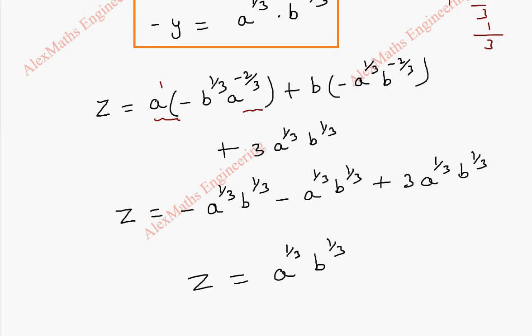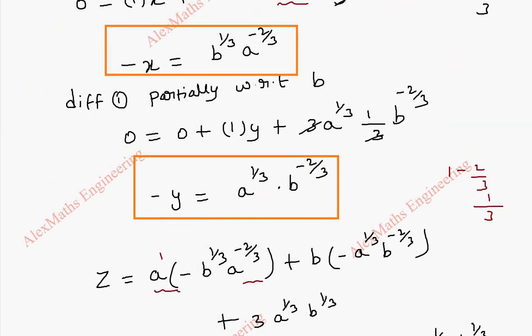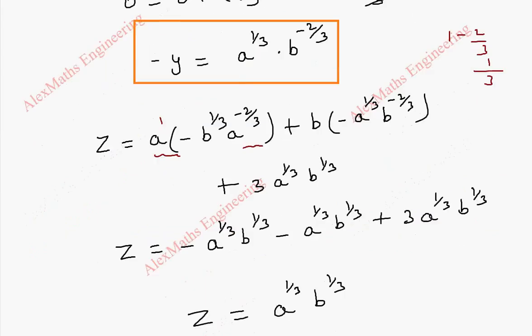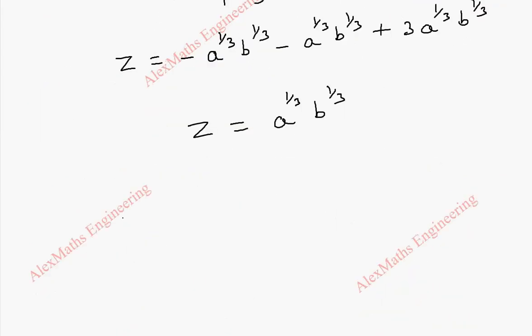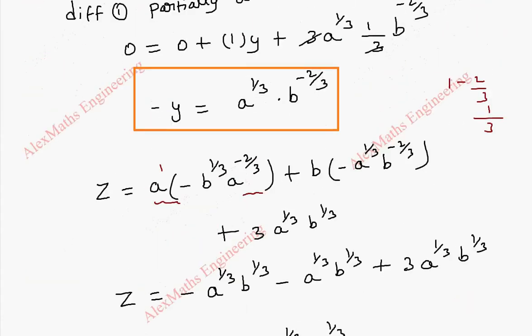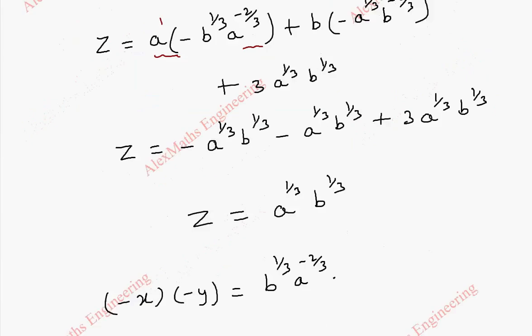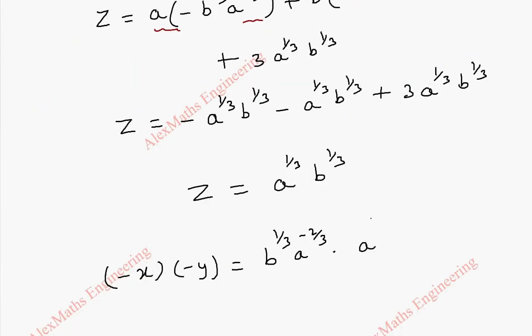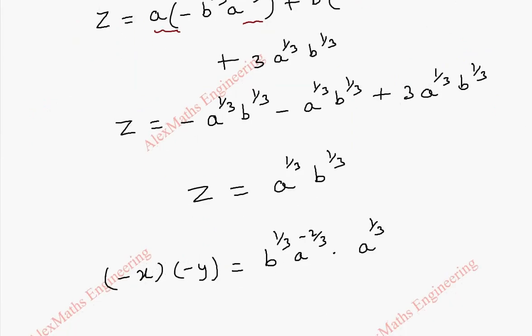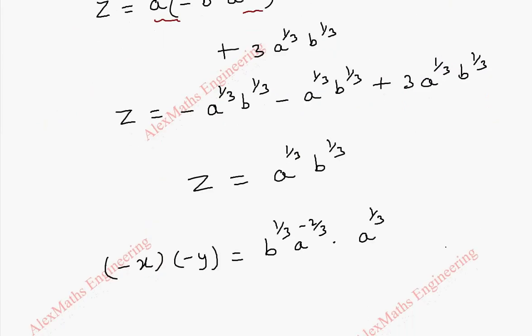This I have to replace in terms of x and y. For that, we are going to make a product of minus x and minus y. So from the expression which we already got, minus x into minus y is, minus x is b power 1 by 3, a power minus 2 by 3, into minus y is a power 1 by 3 and b power minus 2 by 3.